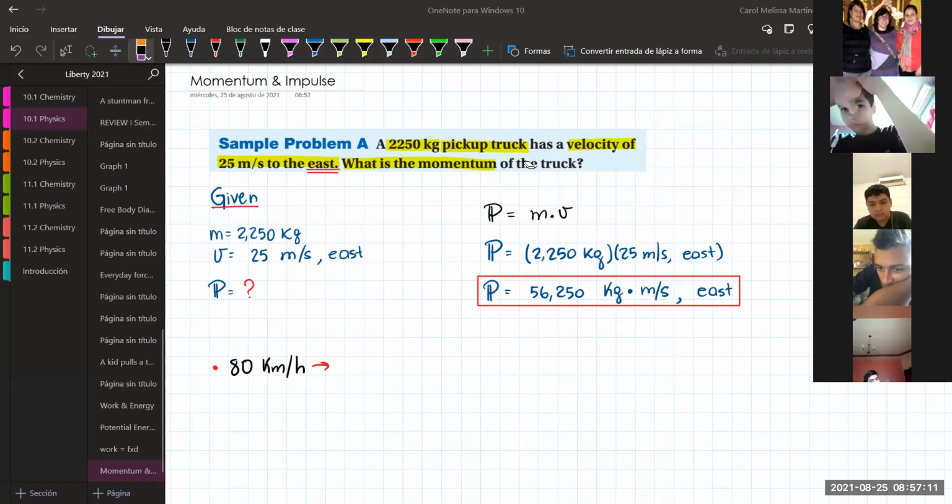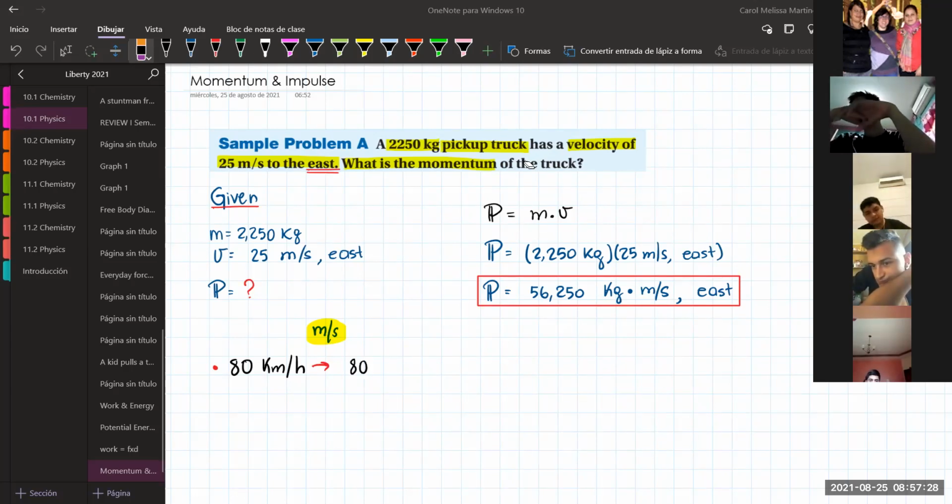Remember, we need to express velocity in meters per second, so the purpose is to convert from kilometers per hour to meters per second. So the first step will be to write the 80 kilometers an hour in a fraction like this, and then you will need the conversion factor.